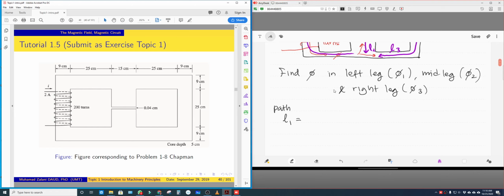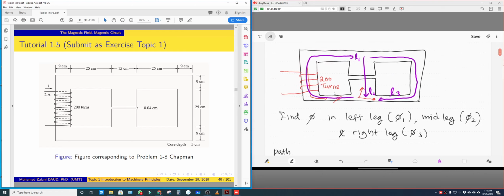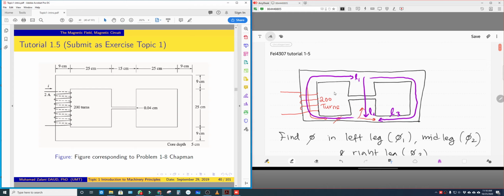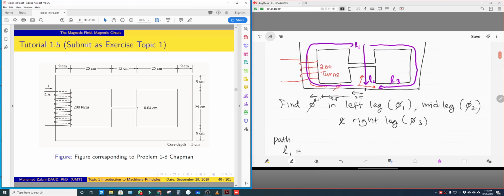From the bottom, right over here, half of the width of the middle leg, which is 15. Middle leg is 15 cm. So since we start from the middle, this is 7.5, and then this is 25, right? And then about half of 9, which is 4.5. So and so on. Alright.